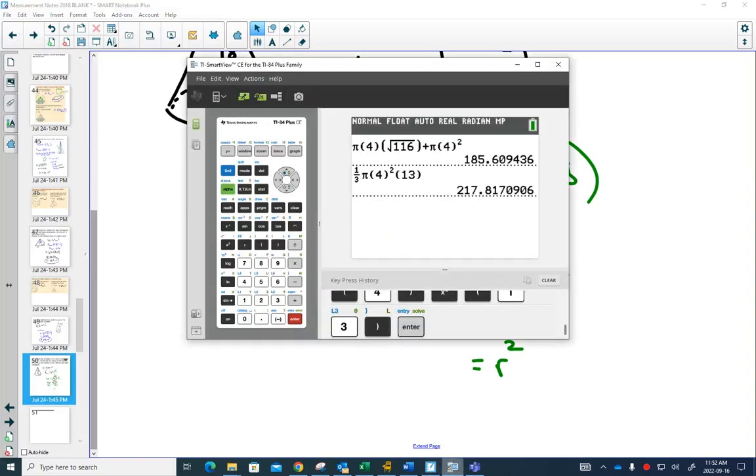You ready for the challenge? It's a common mistake. It's always good to make a common mistake when you're aware of it, because then you're less likely to make it in the future.